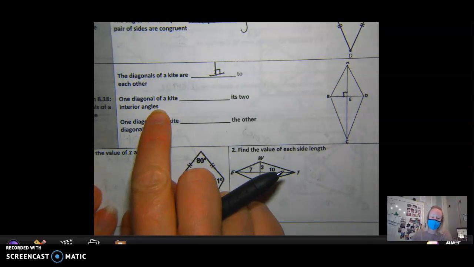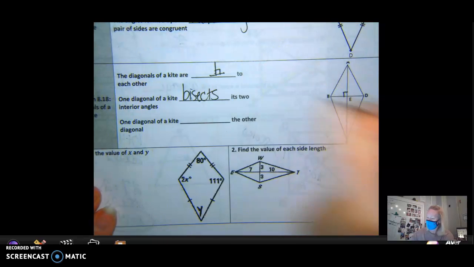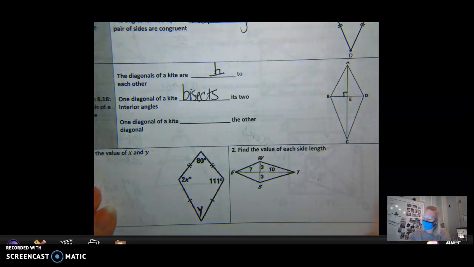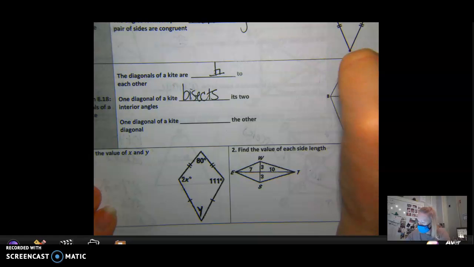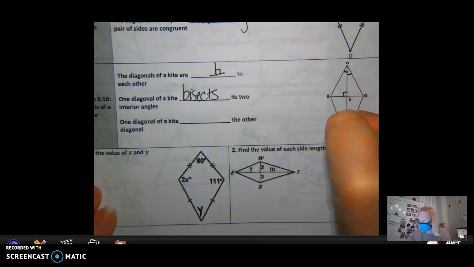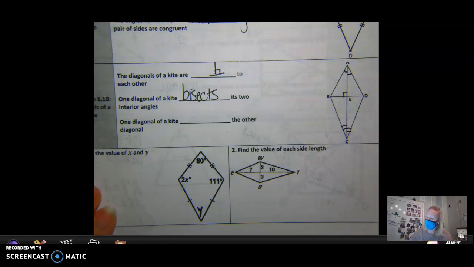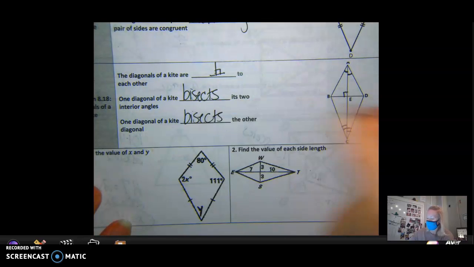One diagonal of a kite bisects 2 interior angles. So this angle is congruent to this angle. This angle is congruent to this angle. And then the last one is one diagonal of the kite bisects the other diagonal.